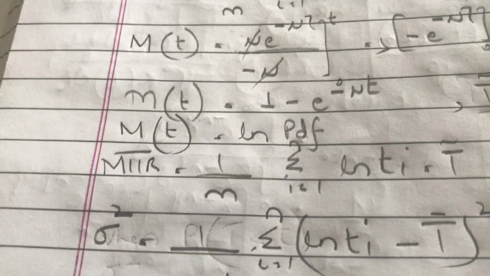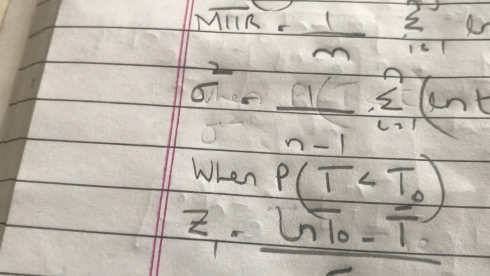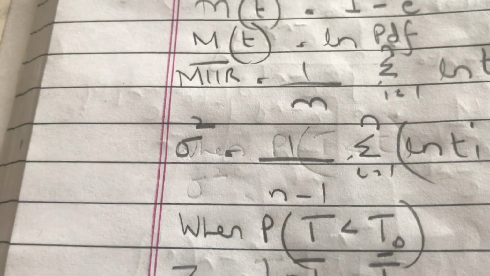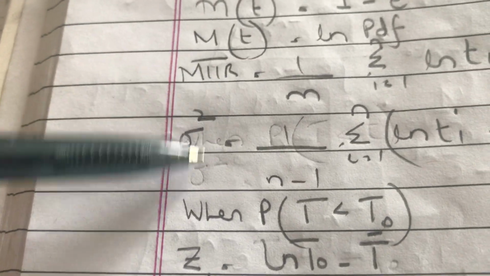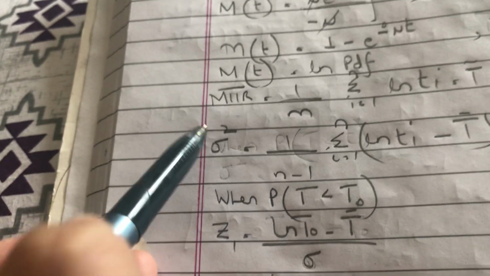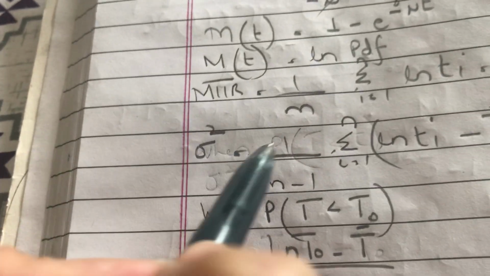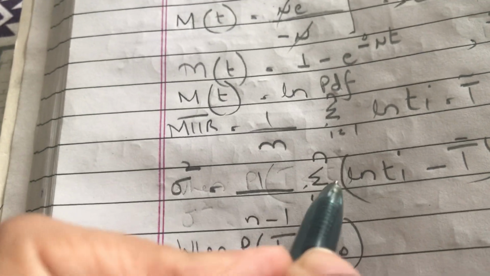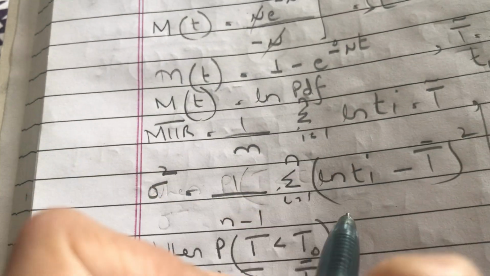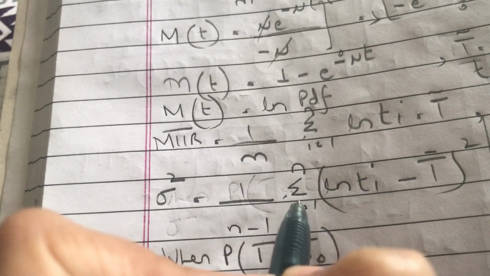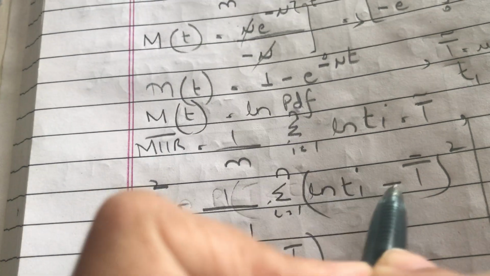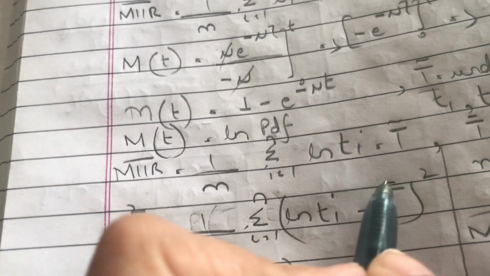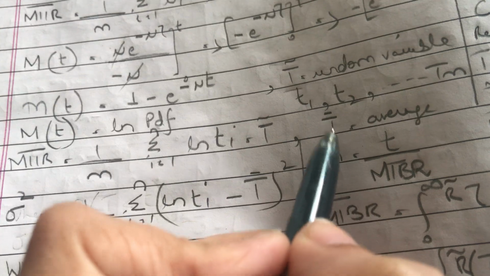Now what we talk about now is sigma square, and you know what the formula for sigma square is? We have 1 over n minus 1, sum of i going from 1 to n, ln ti minus t, and this t is the average here.